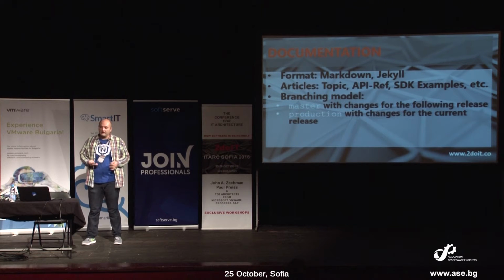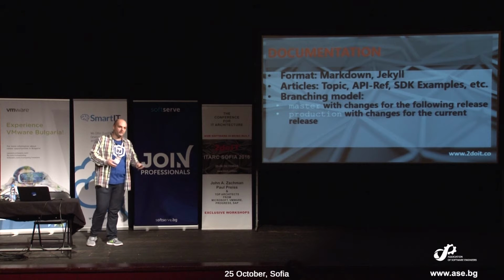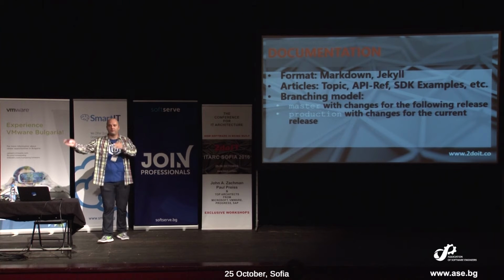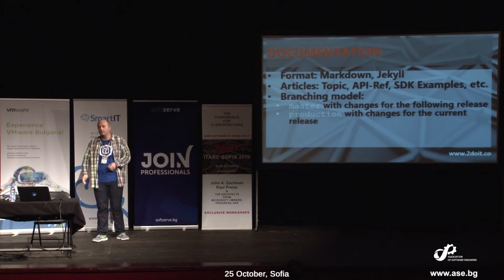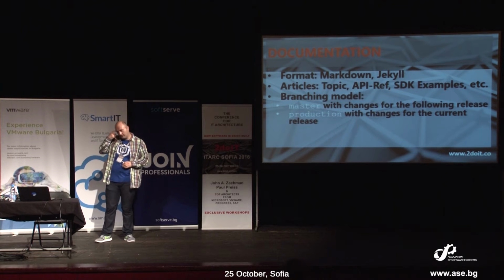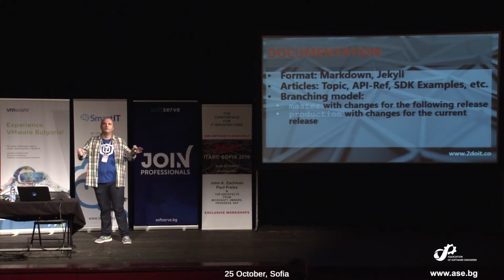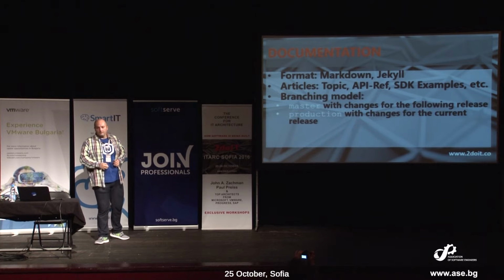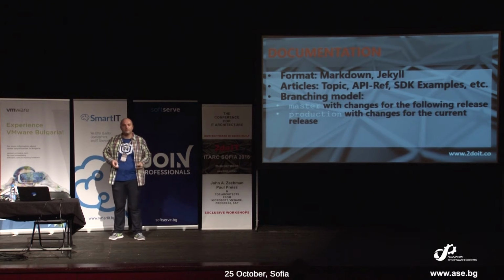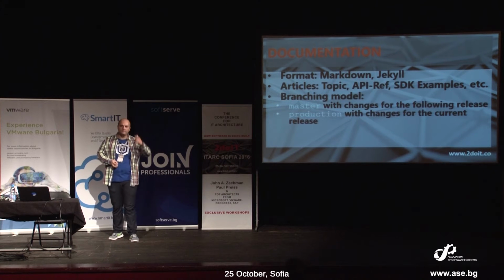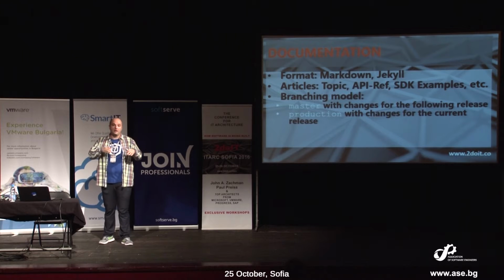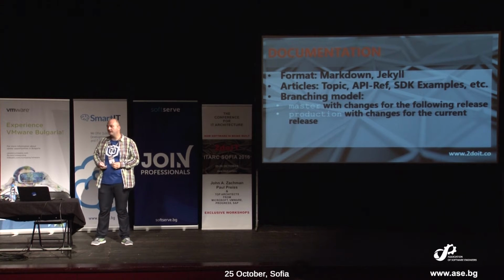The next project is the documentation. It's built with Markdown and translated to HTML with JQ. JQ is a Ruby plugin, if you know that. It has several types of articles. The topic articles, which are more than 180 articles written and maintained manually.